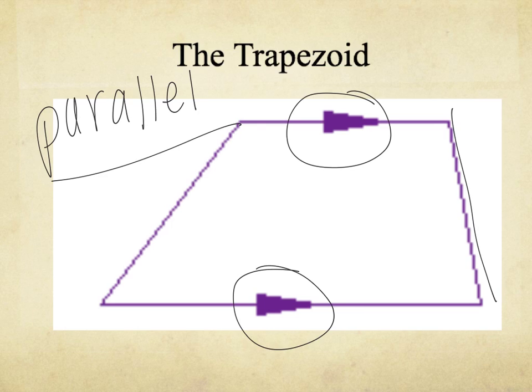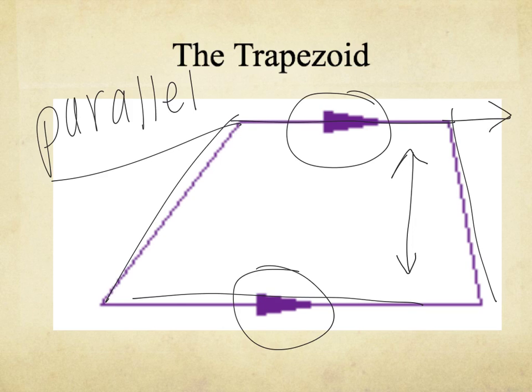A trapezoid can have anything on this side as long as these 2 sides are parallel. And remember, parallel means that they're the same distance apart. And so these lines could go on forever and they would never, ever touch. These ones, you don't really care. But the top 2, those ones always have to stay the same.